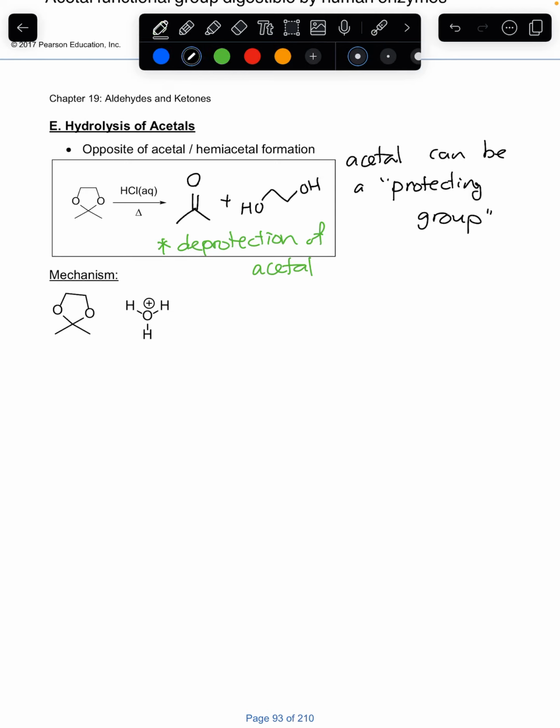So how does the mechanism go? It's really the exact opposite of what we discussed for the acetal formation, so we'll go rather quick perhaps. You have strong acid catalyst, so remember, because of the leveling effect, the strongest acid would be just hydronium ion.